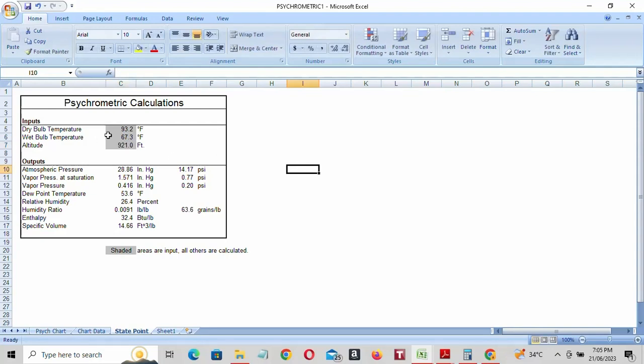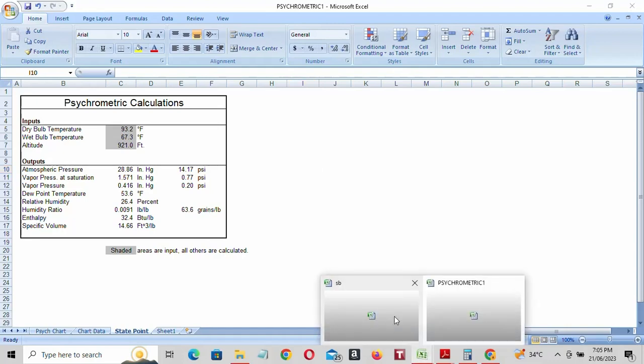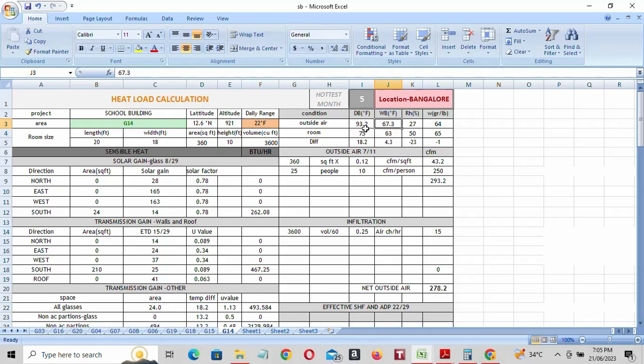So you will get these values. Relative humidity is 26.4, you can take 27, and humidity ratio is 63.6 grains per lb, you can take 64. So relative humidity is 27 and humidity ratio is 64.